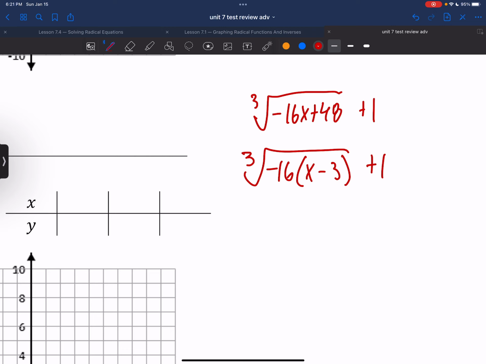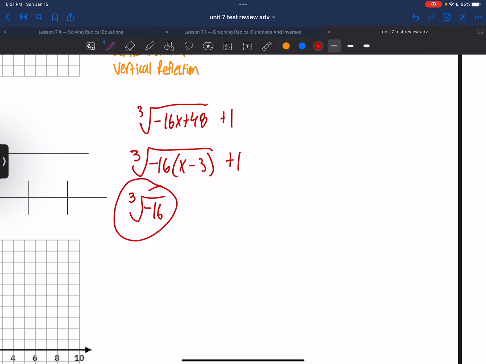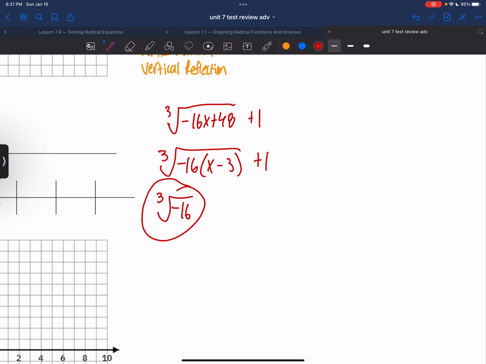Oh, except, hey, uh-oh, cube root of negative 16. Wait a minute. That's not what I want, right? I don't want cube root of negative 16 because I can't take that, right? So, shoot, right? I might say, darn.